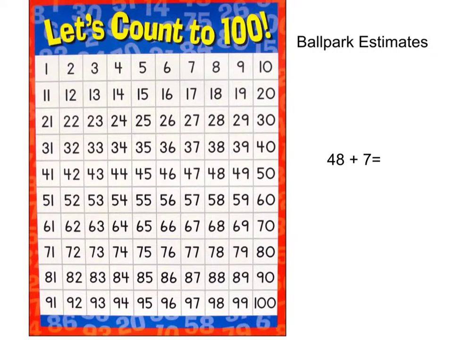Sometimes the part that most students struggle with in ballpark estimates is knowing what number to round to. So for instance, let's say I am going to try to figure out what to round 48 to. 48, if I find it on the number grid, is right here. Now I need to think, is 48 closer to the number 40 or is it closer to the number 50?